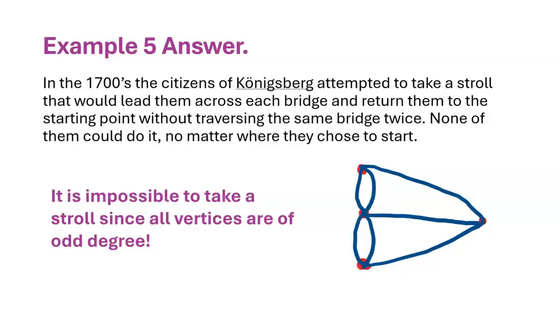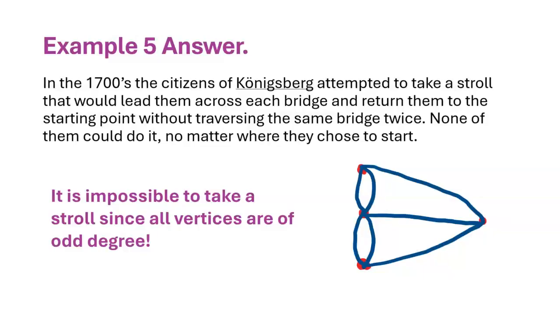So Euler realized that it is impossible to do a stroll around the city using all of the bridges only once because there are vertices of odd degree, and we can see them, actually all of them, not just one. All of them have odd degree.